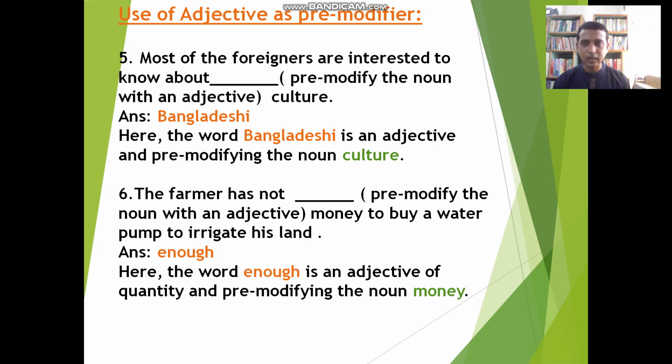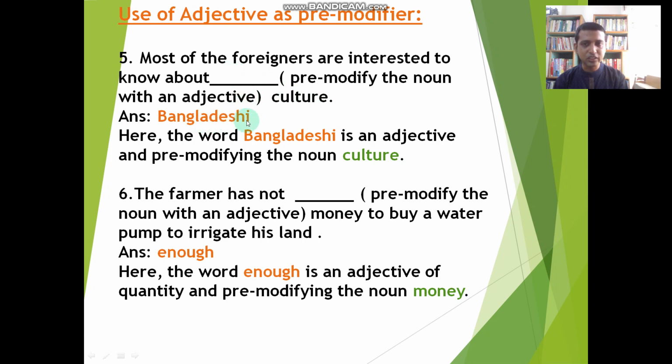Now, let's take a look at some other examples. This is example number 5. Here, use of adjective as a premodifier. Most of the foreigners are interested to know about dash culture. Here the word culture is the head word, and this word should be premodified by an adjective.